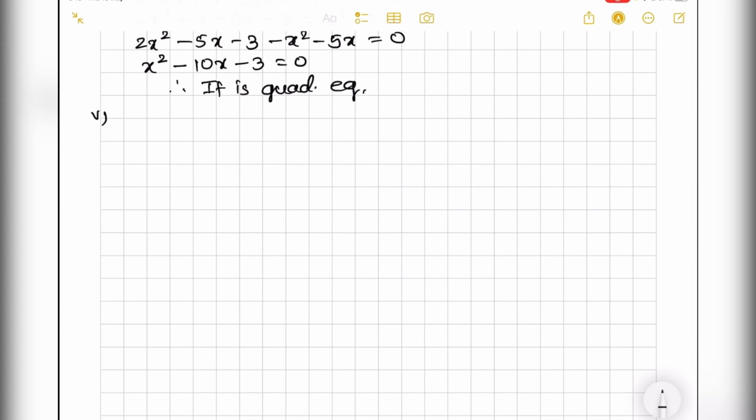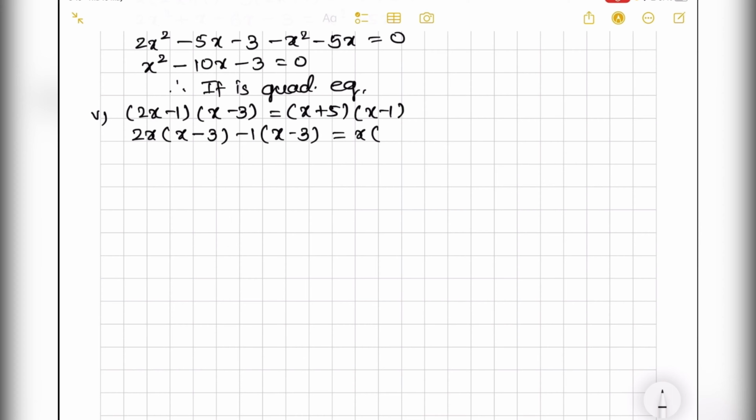Now fifth one says (2x minus 1) into (x minus 3) equal to (x plus 5) into (x minus 1). Here again the same thing, first multiplying with 2x, then with minus 1, with x, and plus 5 into (x minus 1).